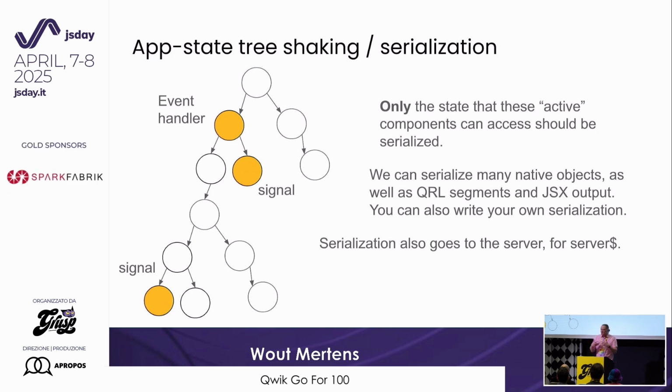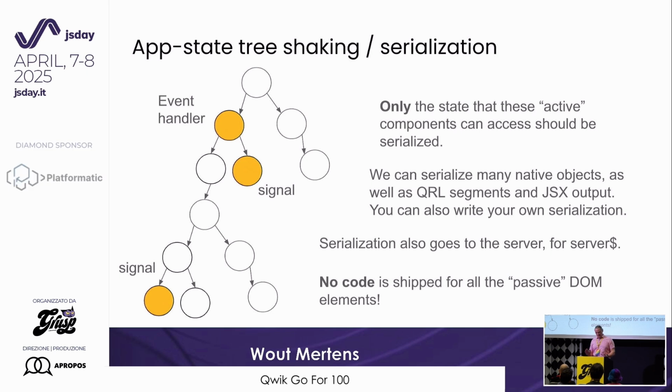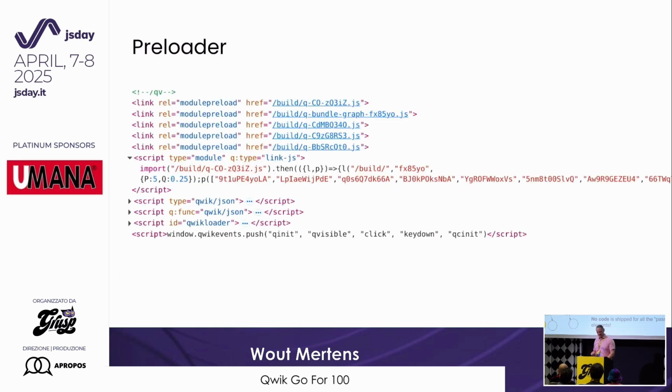So you can actually send something to the server from the client, and it's also being encoded, and then the result is also encoded. And the important thing to remember is the only code that we ship is the tiny, tiny cut up pieces that are necessary to make those specific DOM nodes work.